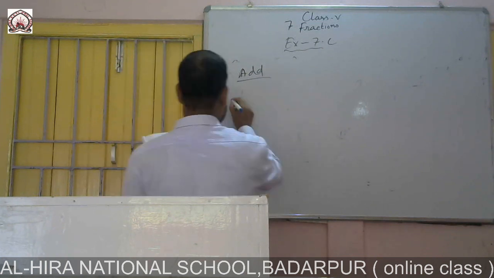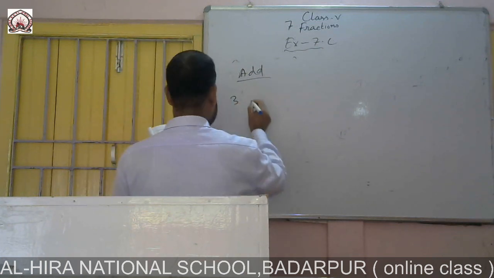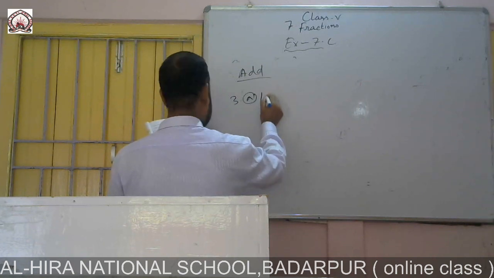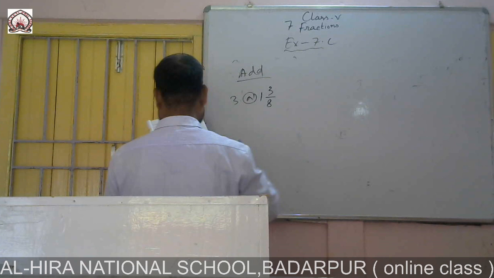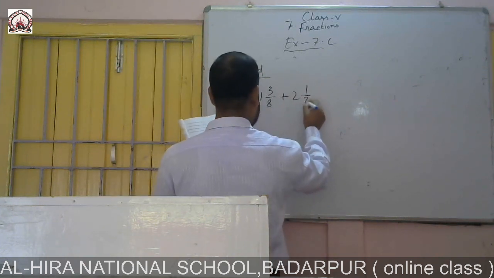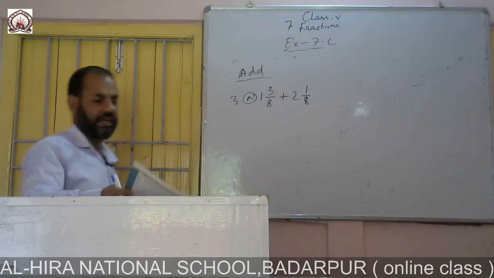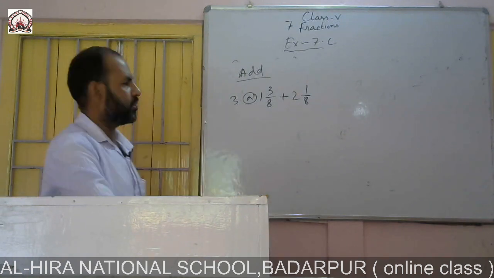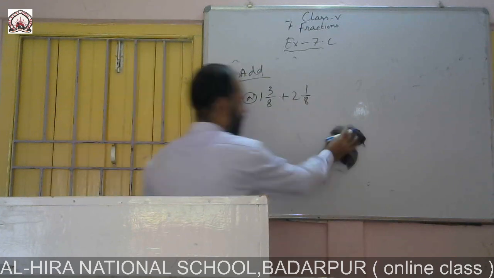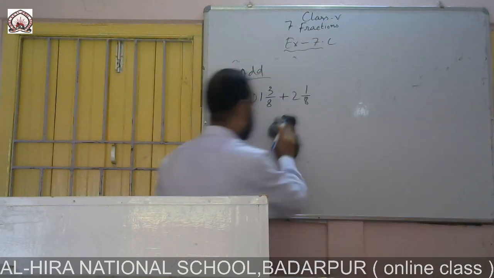Question number 3A. 1 3 by 8 plus 2 1 by 8. So here it is a mixed fraction. If a mixed fraction is there, first we change the mixed fraction to an improper fraction, then we add.